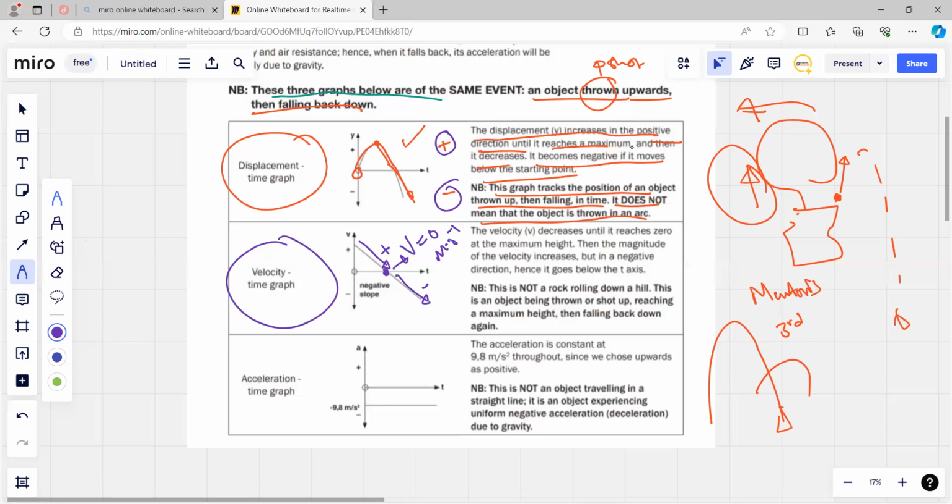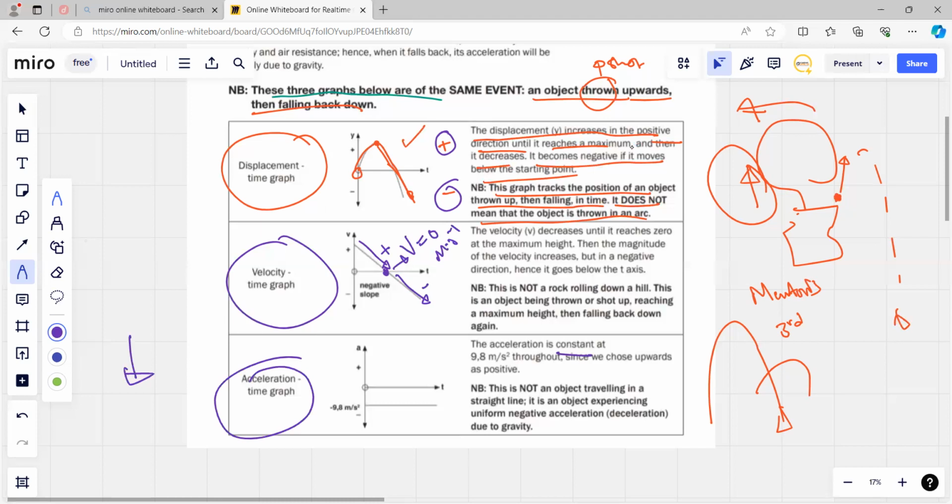Then let's take a look at the acceleration time graph. We're looking at a situation whereby the acceleration is always constant but downward. Gravitational acceleration is always constant, but it's always going downward, meaning the acceleration graph is always constant. If upward was positive, it means downward is negative.